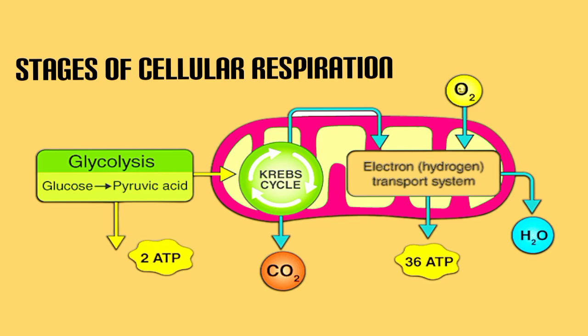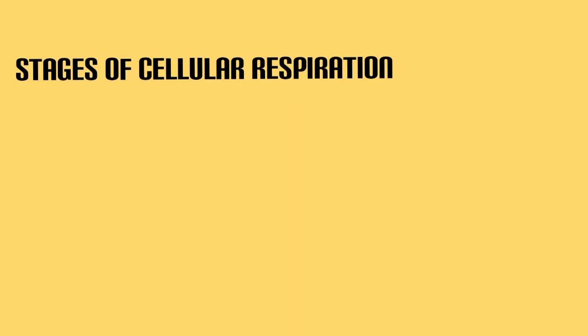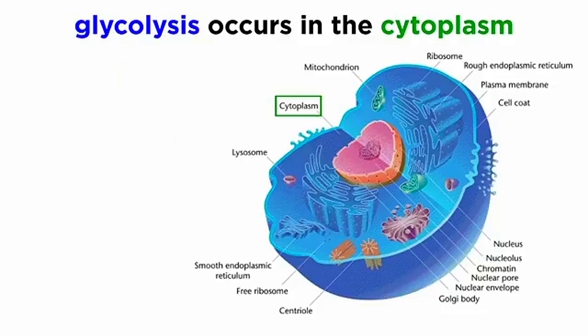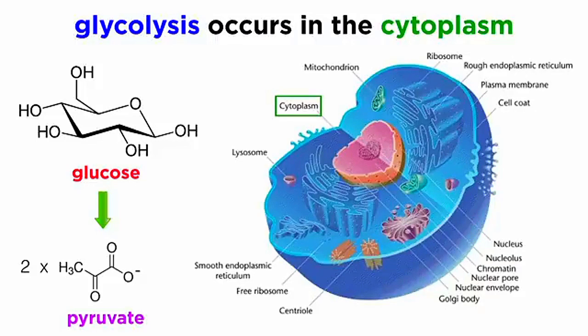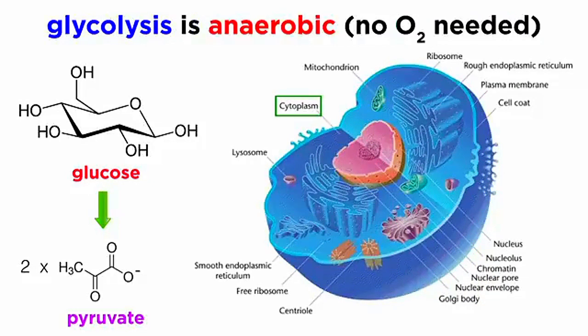Now, let's dive into the chemical processes involved in these two stages of respiration, starting with glycolysis. Glycolysis, as I have said, is the breakdown of glucose in the cytoplasm in the absence of oxygen into a 3-carbon compound called pyruvate or pyruvic acid.